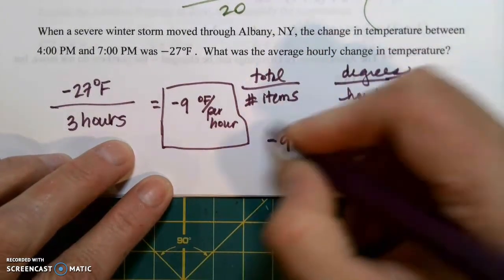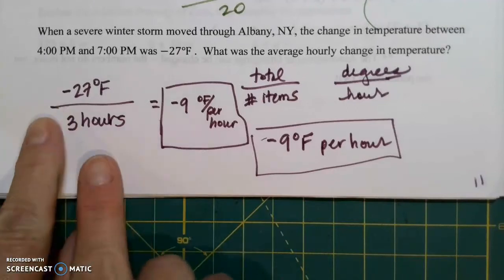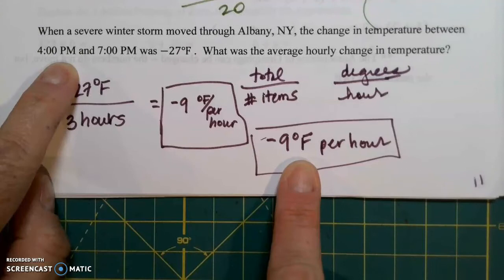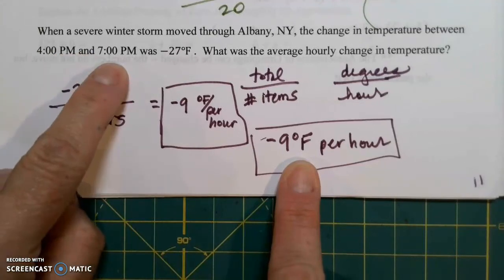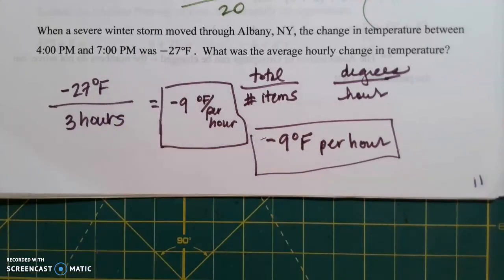It would be another way to write the label, so hopefully it's a little less confusing. Okay, and that should make sense, right? If I go from 4 to 5, if I go down 9 degrees, and then I go down another 9 degrees from 5 to 6, and another 9 degrees from 6 to 7, then I would get to a total of 27 degrees that I have gone down throughout that process.